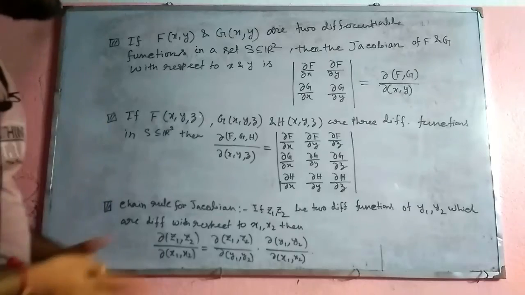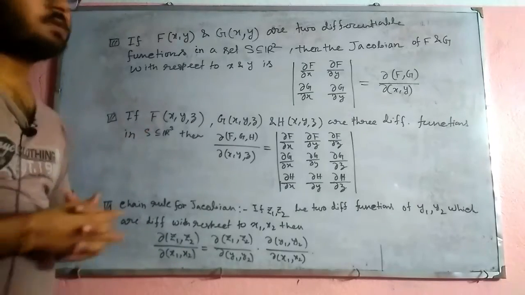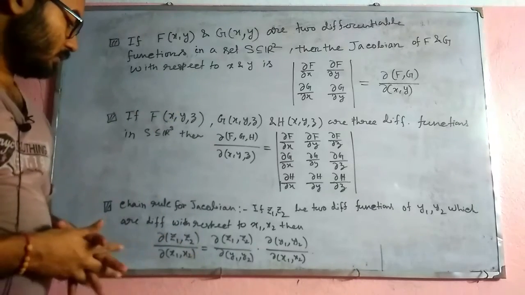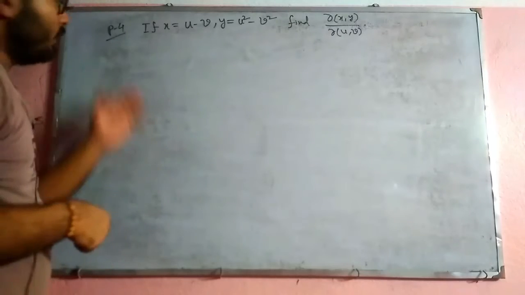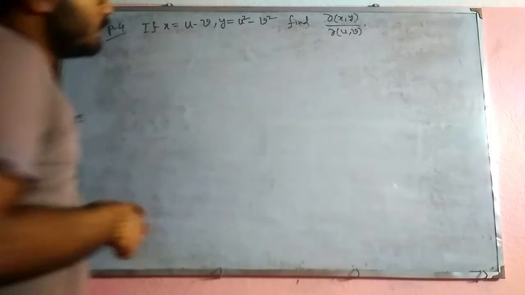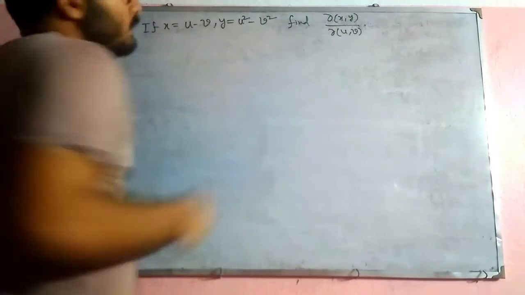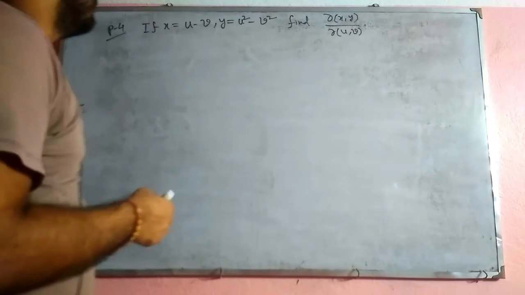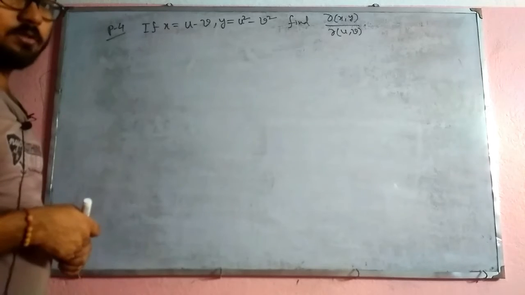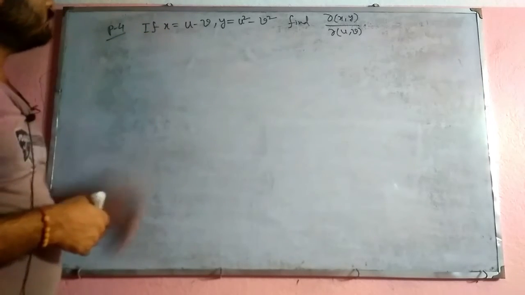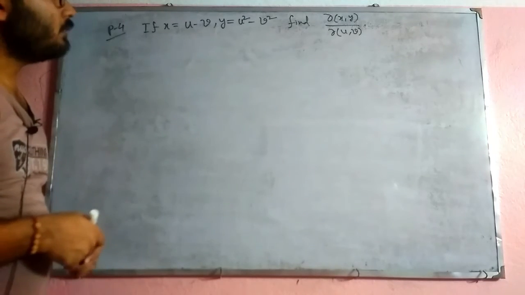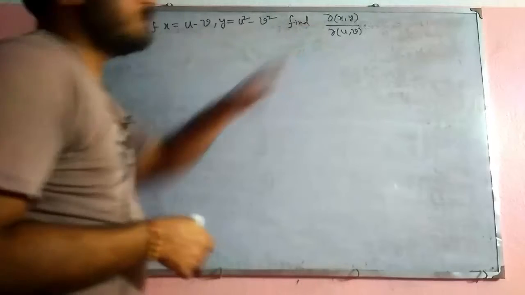Okay, now I will do two problems on this. Here our problem is: if x is equal to u minus v and y is equal to u square minus v square, find the Jacobian of xy with respect to u and v. See, here x is a multivariable function of u and v, and y is a multivariable function of u and v. So this Jacobian is valid.